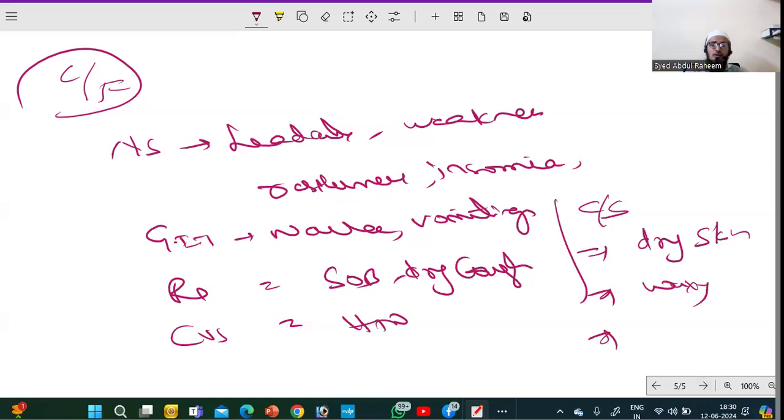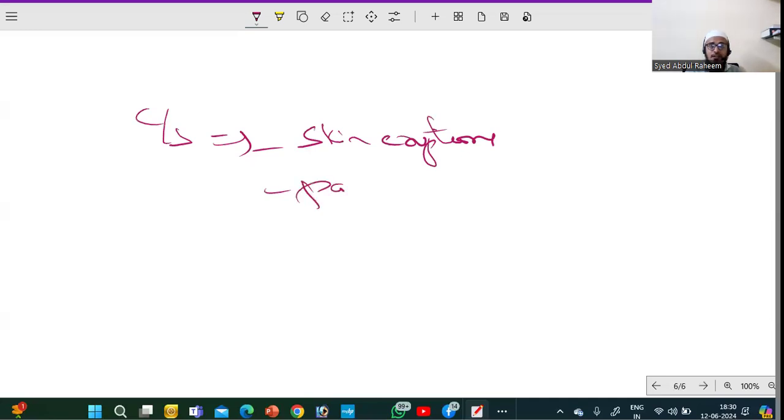You can see skin eruptions easily, and pale colored skin due to the deficiency of hemoglobin.